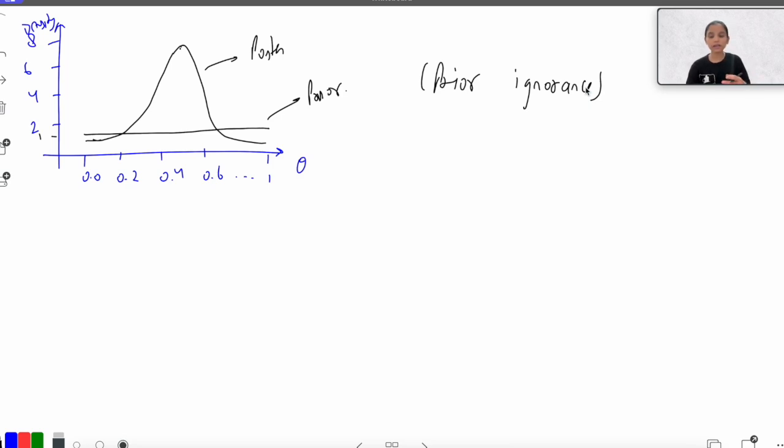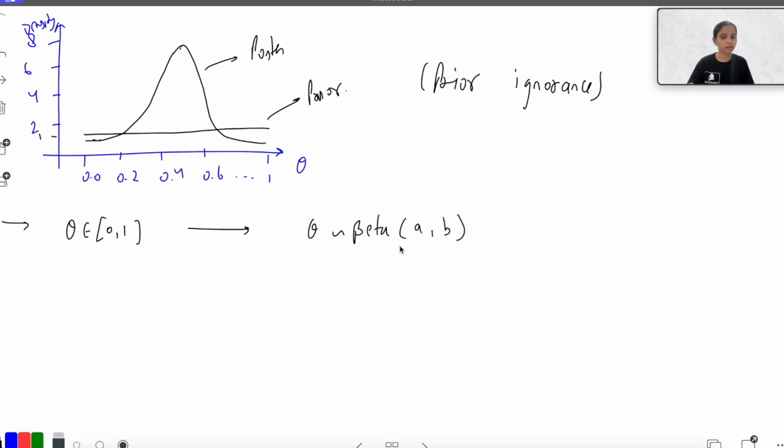So if we have any information, then we can consider that as my theta is ranging from 0 to 1, I can choose another prior for the theta, which is theta belonging to the beta on the parameter a and b, because beta distribution ranges from 0 to 1, right? At that time, what will be the posterior?